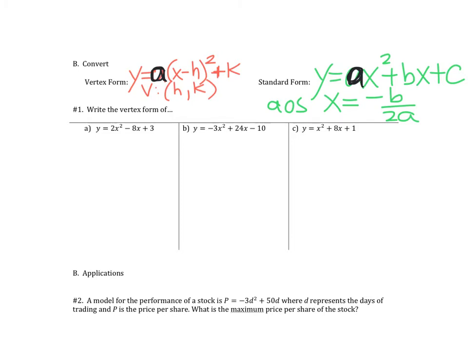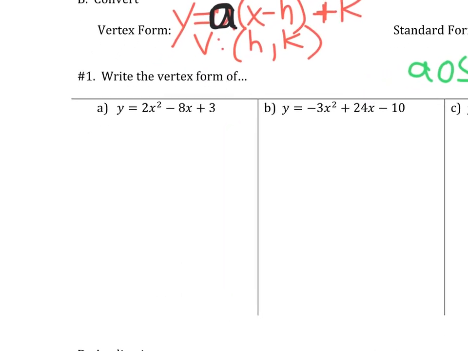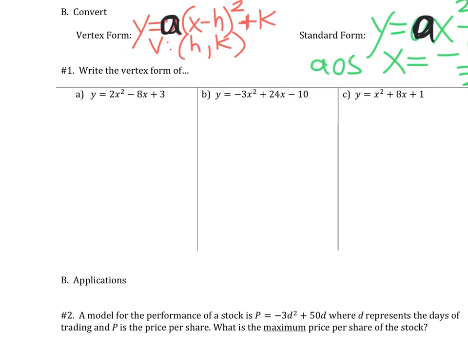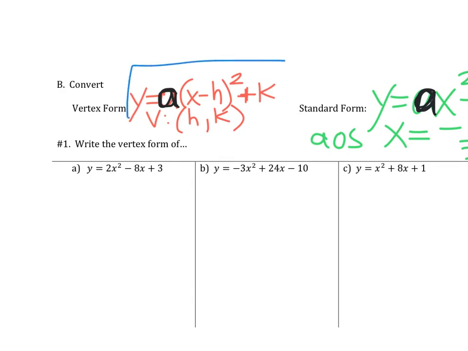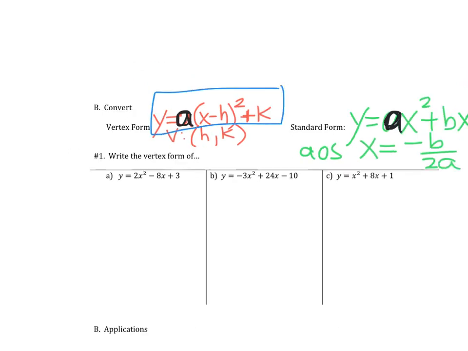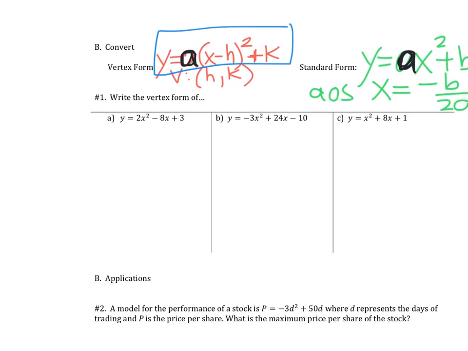So let's start here. We're going to rewrite the vertex form of these 3 next problems. So A, B, and C, these are all in standard form, and we want to get them into this vertex form right here. Okay? So in order to get vertex form, we need 3 things. We need a, h, and k. Well, guess what? I have a. Yay!